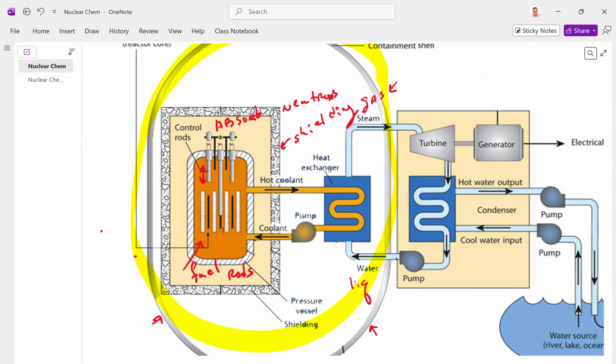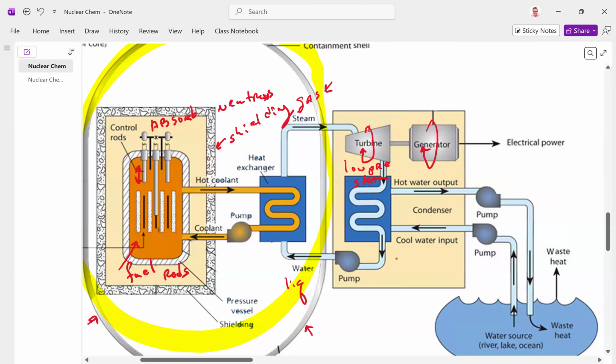High pressure steam turns a turbine, which turns a generator that creates electric power. And what we're going to do is take the steam now, and this is low pressure steam now, back to liquid water. And then that's the process.